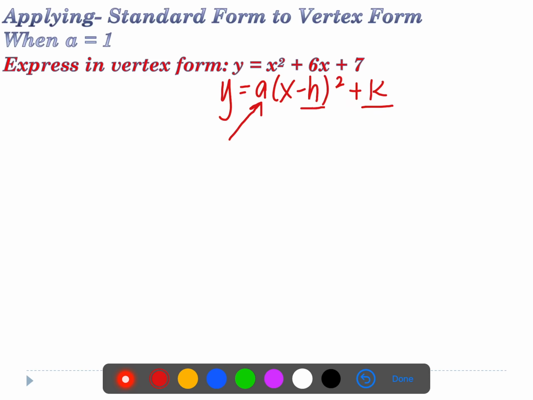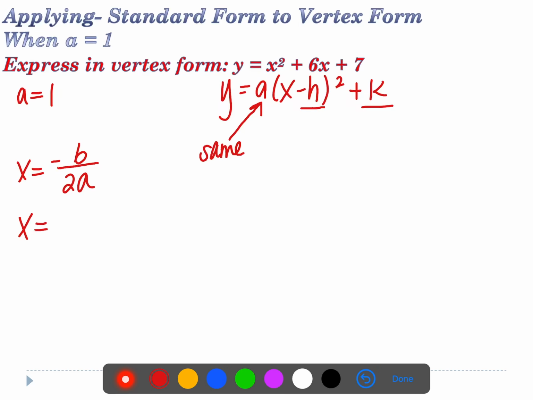The a is going to be the same as what's in the equation. Right now in that equation, the a value is 1. So I'm going to solve for my vertex using the opposite of b over 2a, and then plug that value along with a equals 1 into the formula for vertex form.